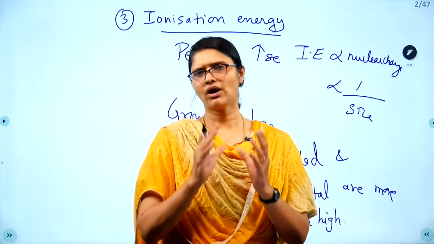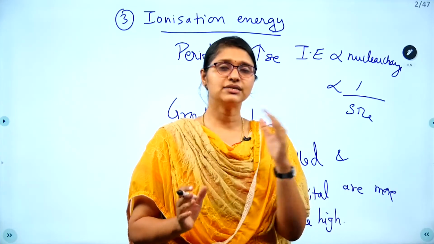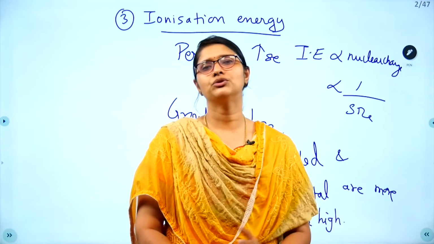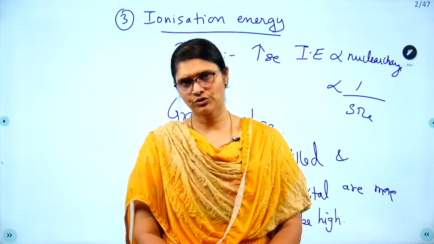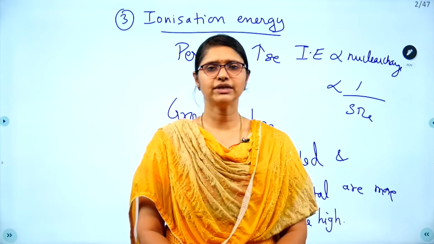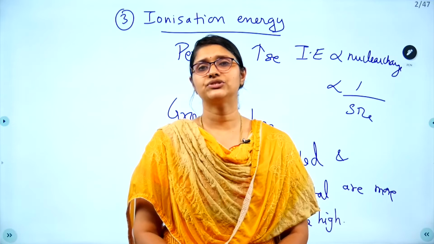So they have very high ionization energy. Now you have a clear idea about what ionization energy is. Going along the period, ionization energy increases; going down the group, it decreases. Everything is related to nuclear charge: more nuclear charge, more ionization energy; less nuclear charge, less ionization energy. Successive ionization energies are greater.